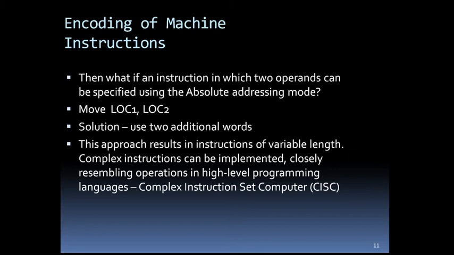Since we are using two memory locations, we need two words for the 32-bit addresses. So this approach results in instructions of variable length, dependent on the number of operands and the type of addressing modes used. Using multiple words, we can implement quite complex instructions like the operations in high level programming languages.